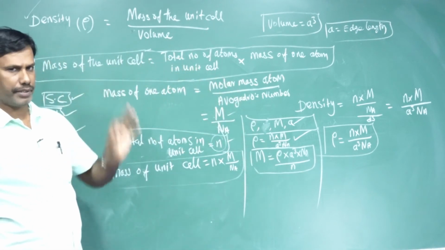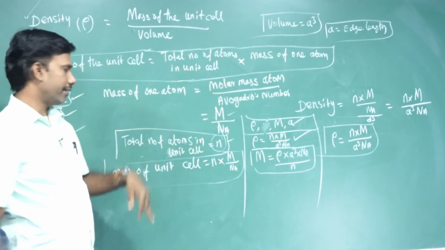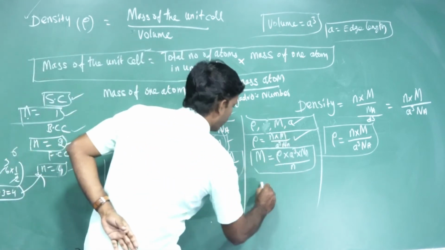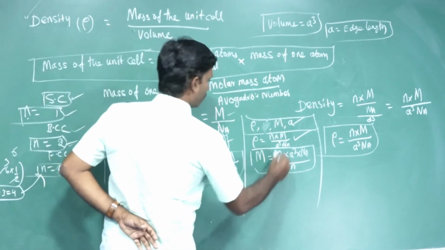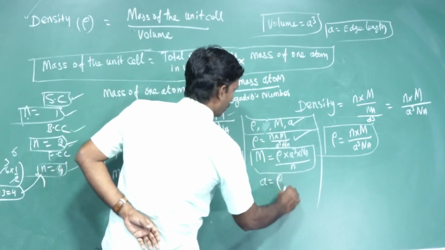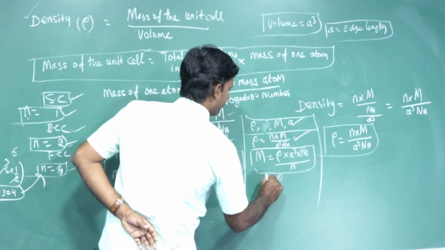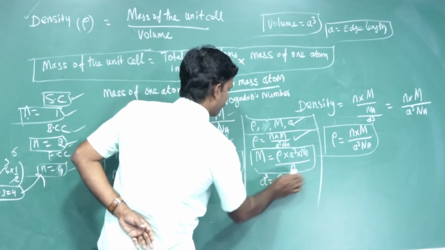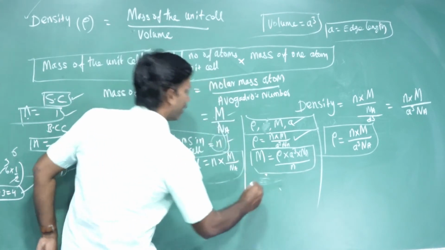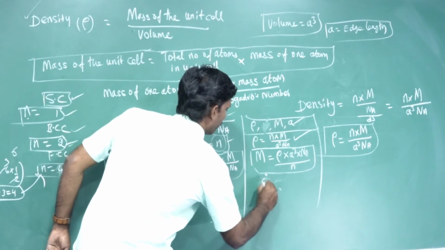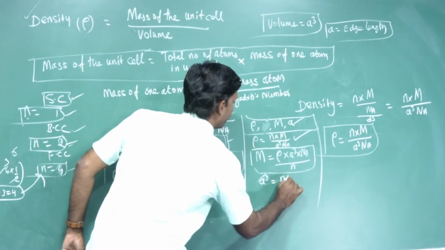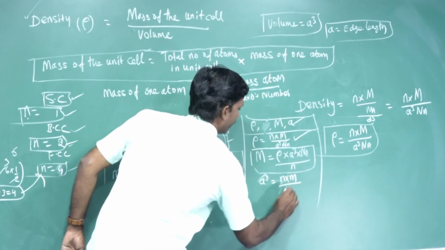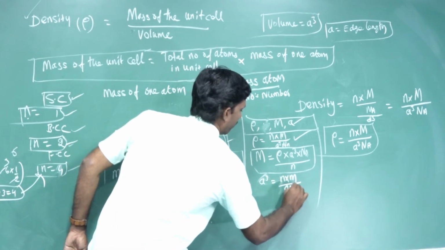They will say the name of the element, or otherwise give it in a bracket. So if they ask the edge length a, what to do? From this formula, rho into a cube, we can easily calculate. You can write a cube equals n into M by rho into Na. That's all.